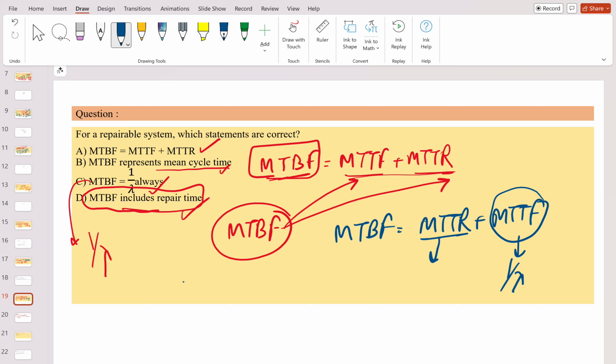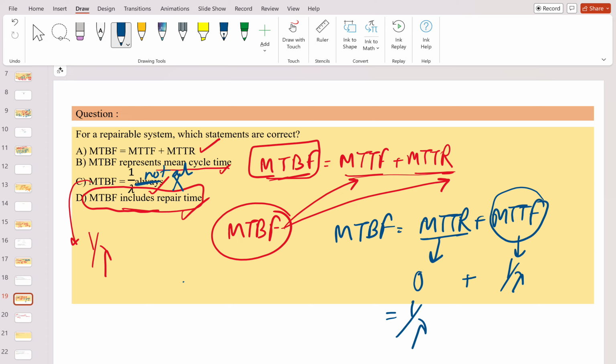So when the mean time to repair is 0, you can say that the mean time between failures is 1 upon lambda. But this is not always correct. This will be the condition only when the MTTR is 0. That's why option C is not correct as stated; if it said generally, or not always, then option C could be correct.